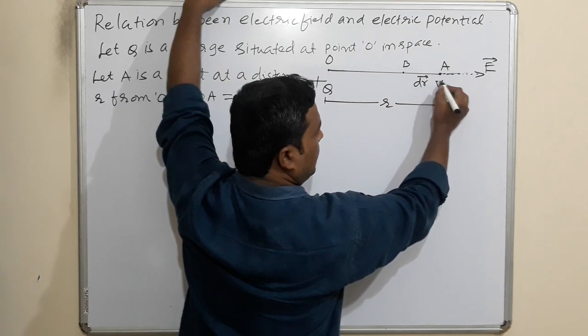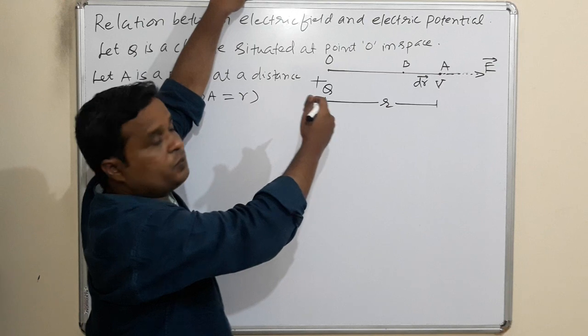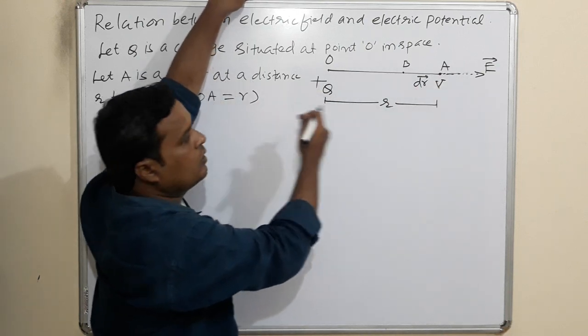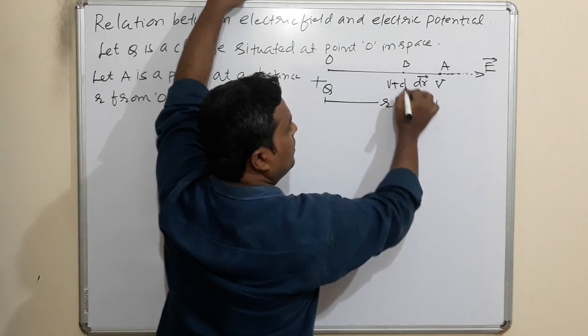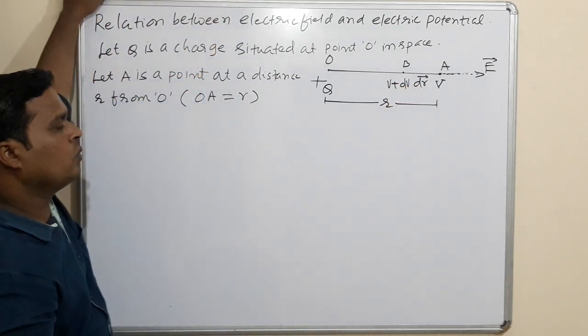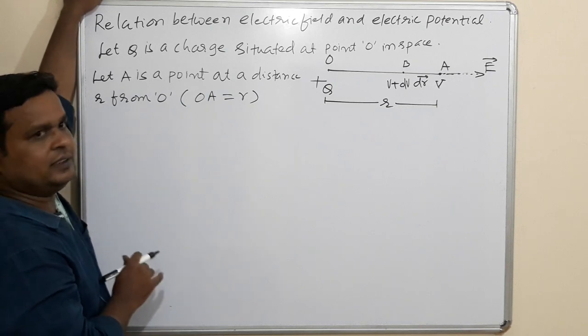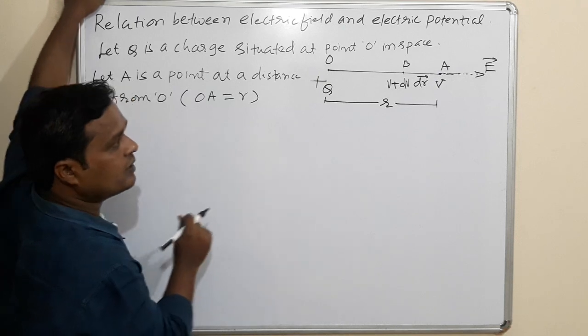Potential at point A is V, and if you come closer to the charge, potential will increase. Let this be V plus dV. Okay, there is another point B in the field. So what are the potentials at A and B?